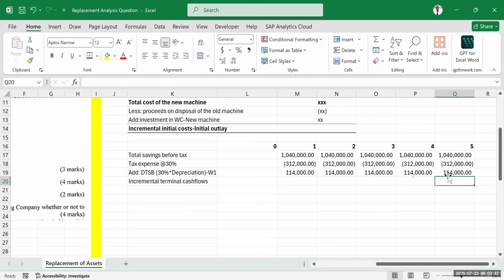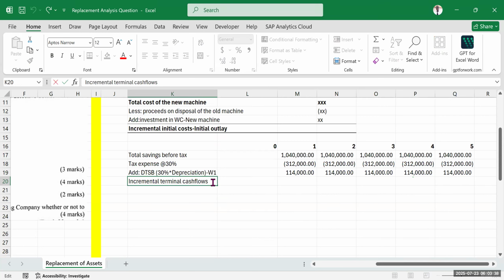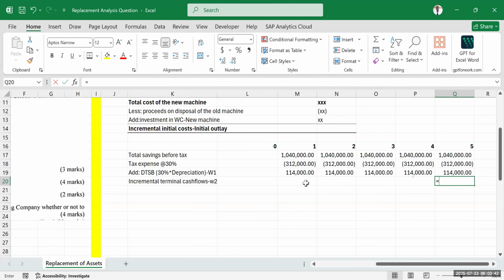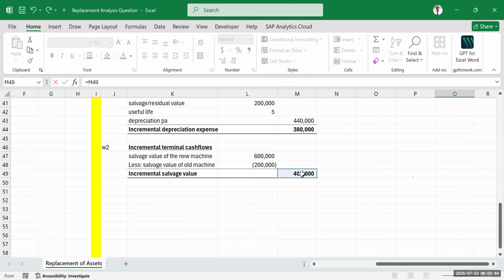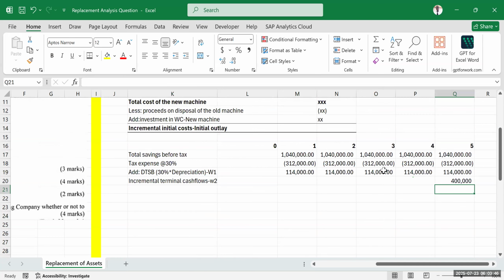Year number 5, that is when the project is ending. So we will consider that cash flow. And let me just write here working 2 so that you know where we are getting the figure from. I want to bring the 400,000 there. Good. So it is an inflow. That's why I'm adding it as a positive.